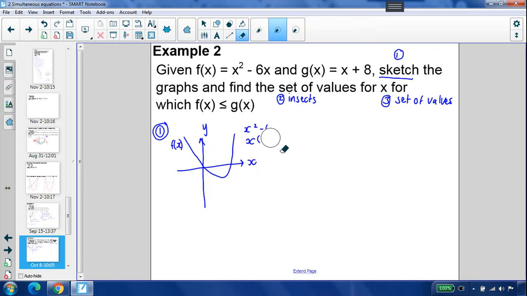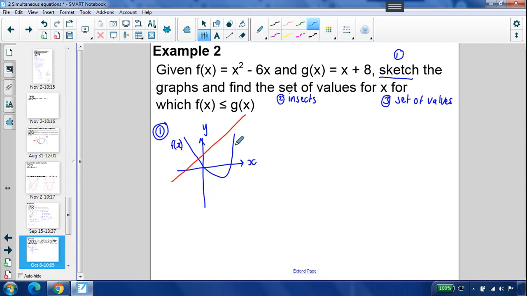Now I'm going to look at sketching g of x, and I'll do it in a different colour. Y is equal to x plus 8. That means it crosses the y-axis at 8, and the gradient is a positive gradient, and it's 1. So if it's crossing at 8, it's also crossing at minus 8 on the x-axis. So something like that.